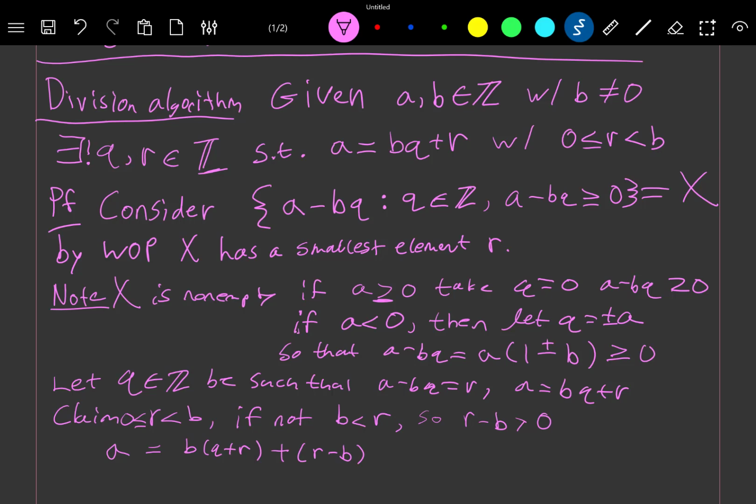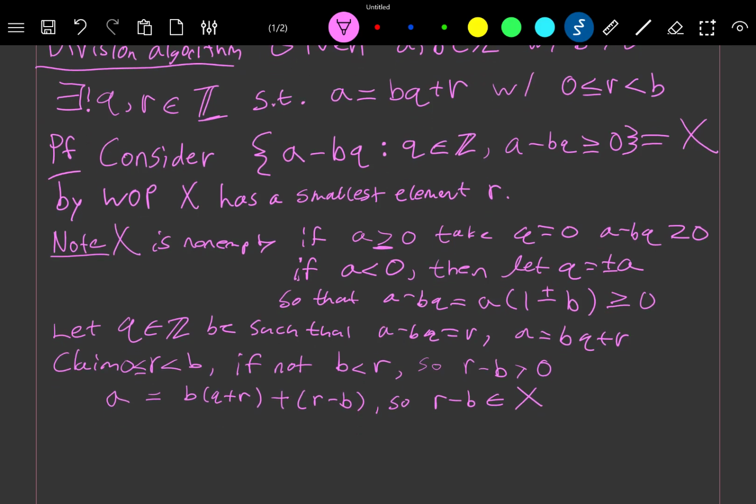So r minus b is in the set X, because, namely, it is greater than or equal to 0.